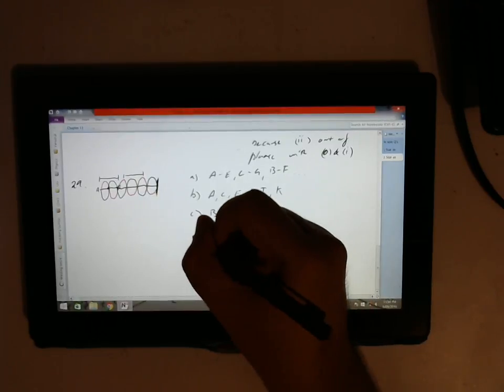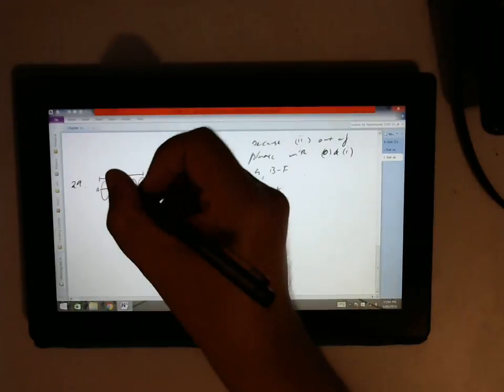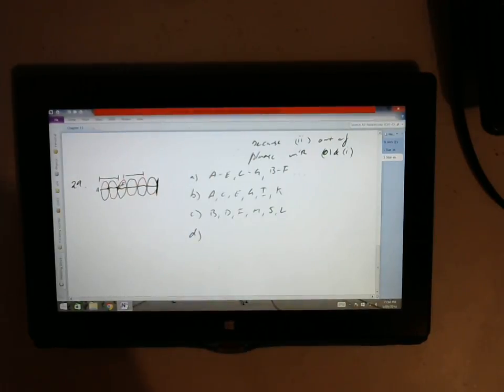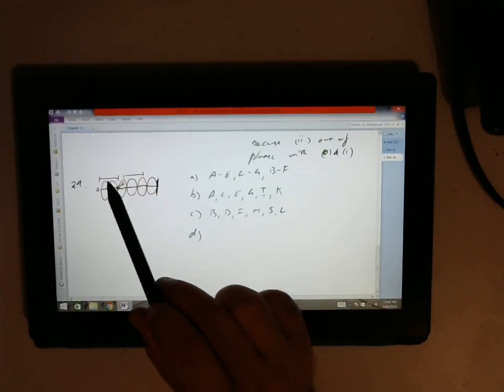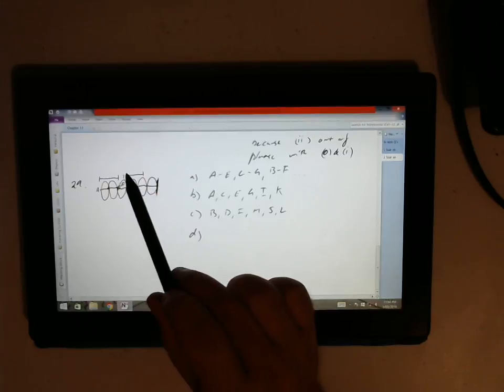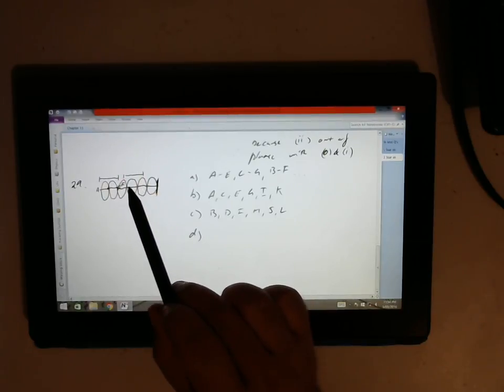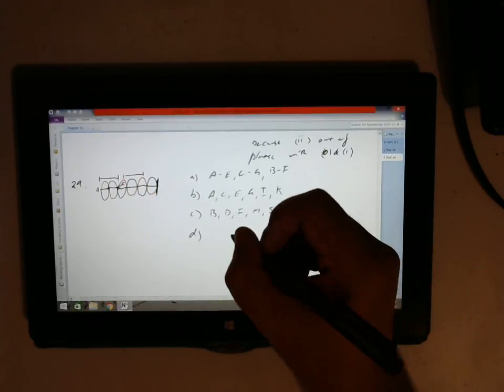Okay, D. Now I'm going to do a little bit of mathematics. So the distance between A and F is 5 meters. What is the wavelength? F in this case is at this anti-node, so it's a little bit more than one wavelength. How much more? This would be one wavelength, that would be two wavelengths, so that would have to be 1.5 wavelengths if we went to G. So F would have to be 1 1/4 wavelengths.